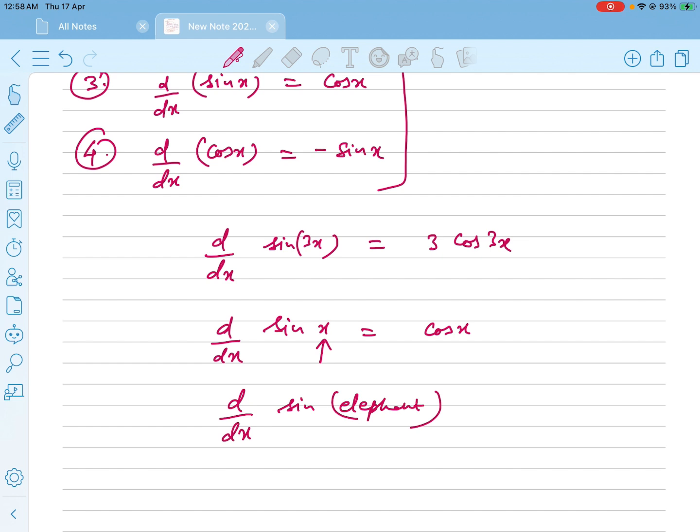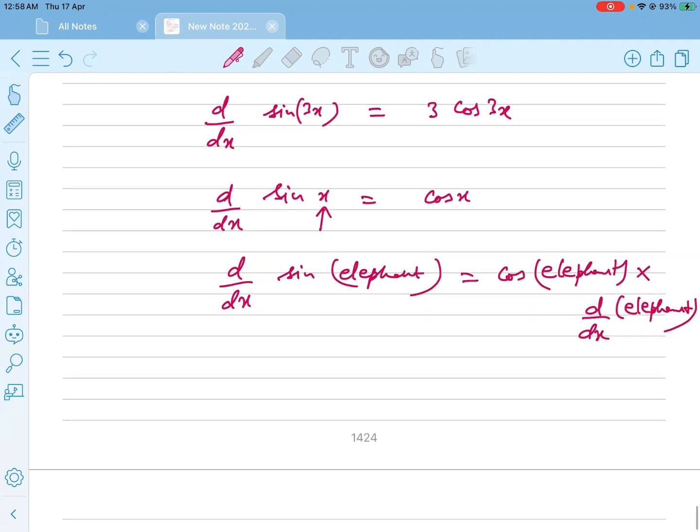It can be elephant, it can be Ashish, it can be anything, right? So sine of this thing will be cos of the same thing which is written in place of x, but we are going to multiply this answer with the derivative of elephant.